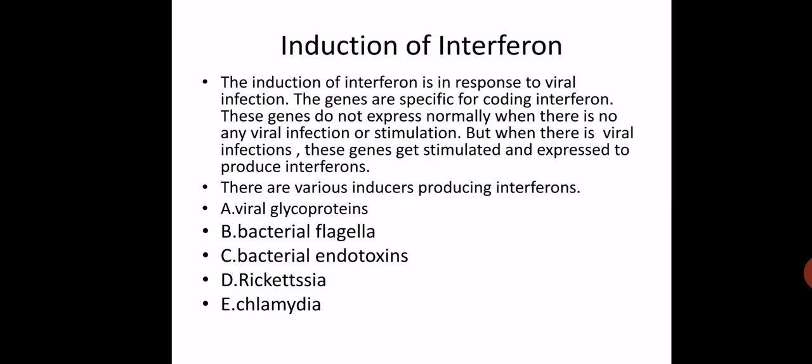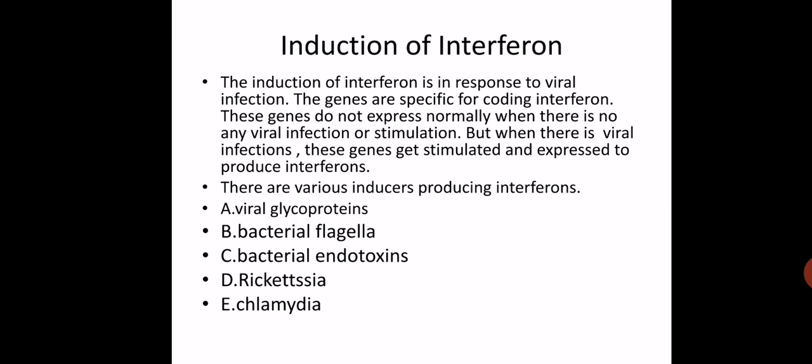Then certain other types of pathogens, which include rickettsia and chlamydia. Rickettsia shows some characters resembling bacteria and some resembling virus. Certain species of rickettsia, whenever they infect the normal cell, can induce interferon production.